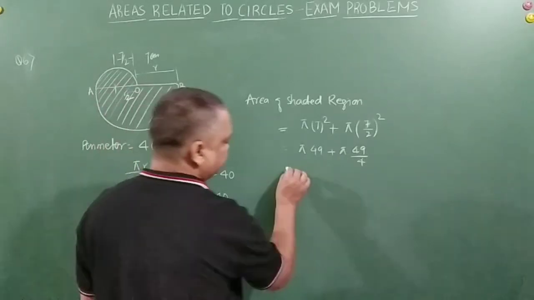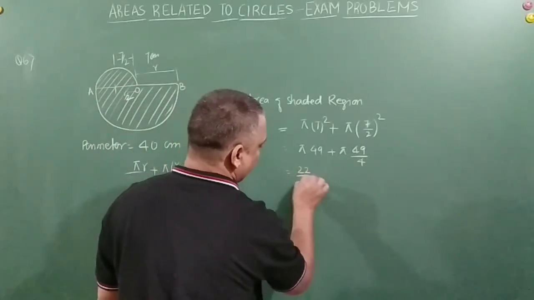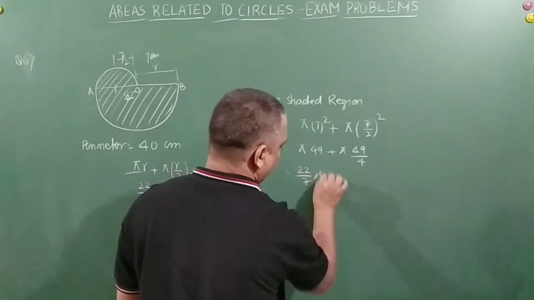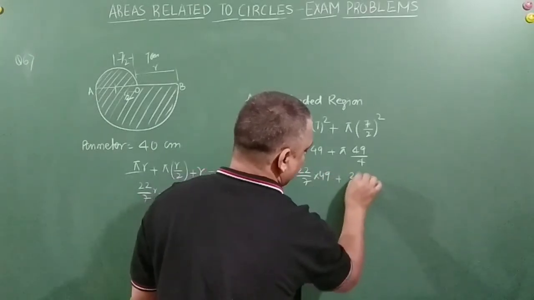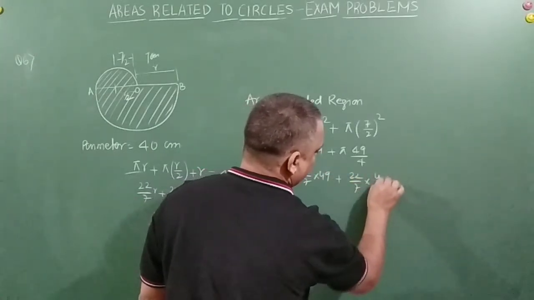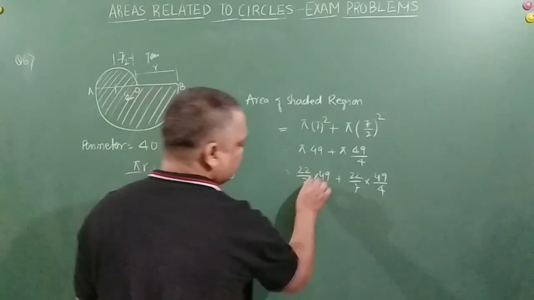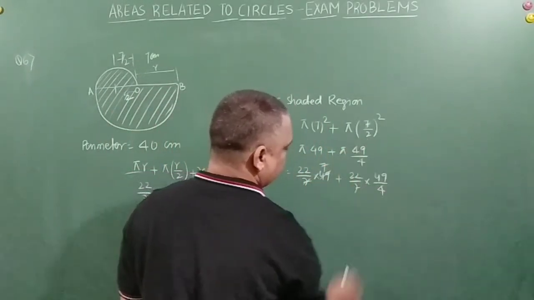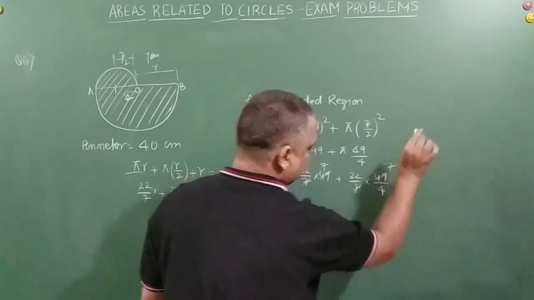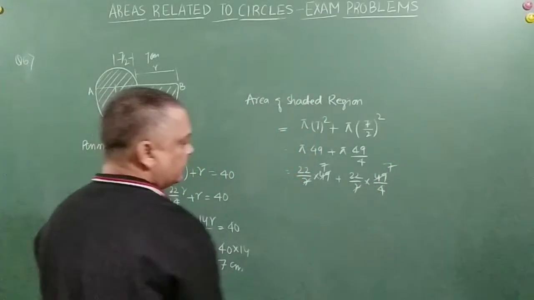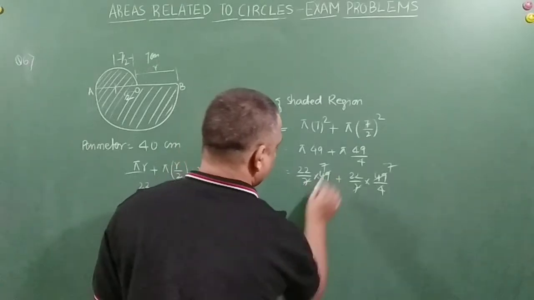So 22 by 7 into 49 plus 22 by 7 into 49 by 4, correct, right? So this is equal to 7 and this is 7, right? So this becomes how much, my friends?